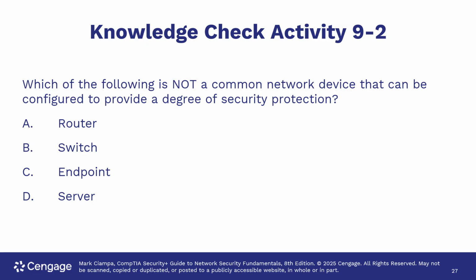So let's try our knowledge on this, check activity number 2. Which of the following is not a common network device that can be configured to provide a degree of security protection? Not a common network device.